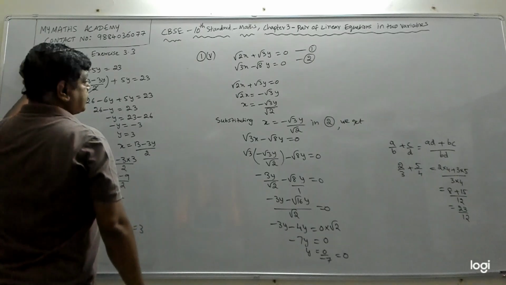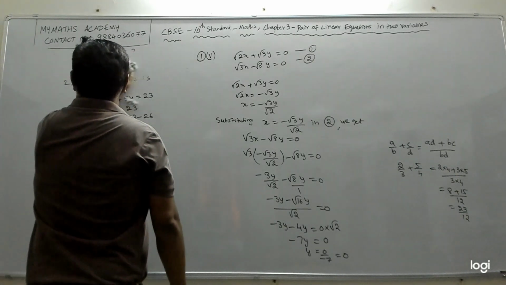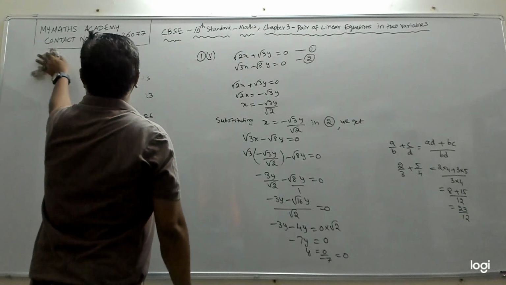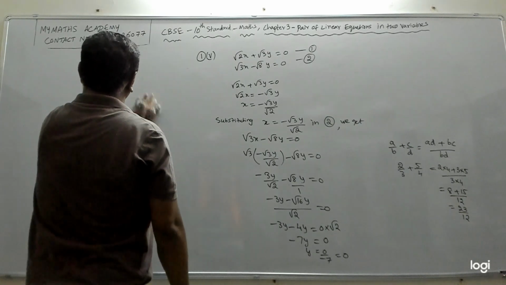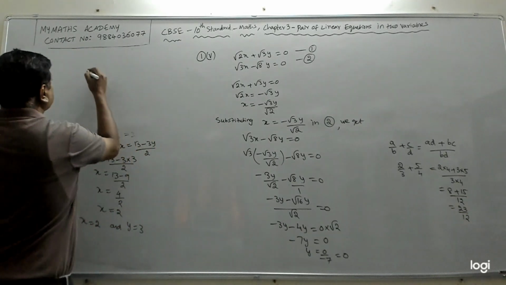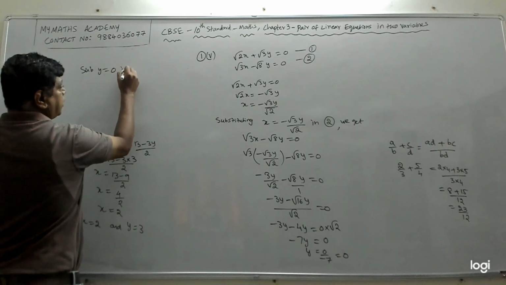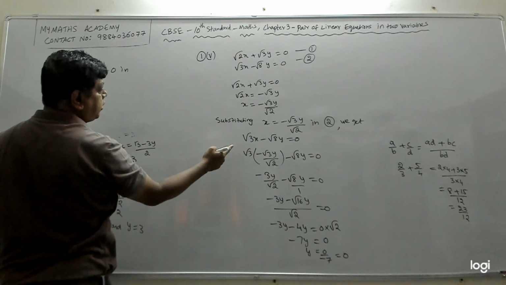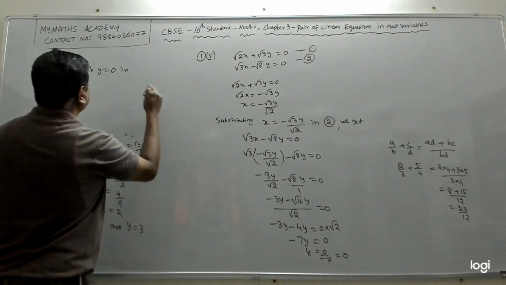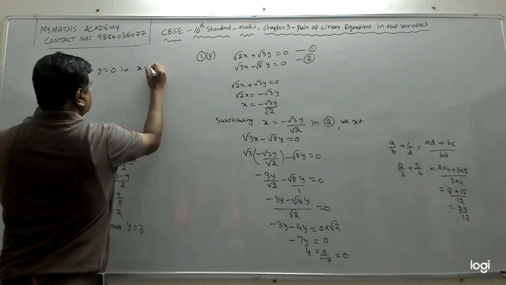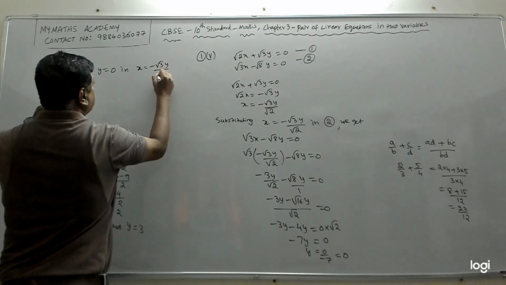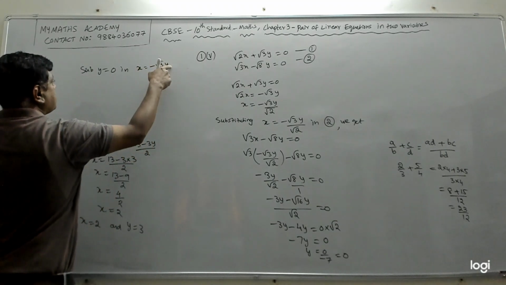Now we should find x. To find x, what do we do? We will substitute y is equal to 0 in x is equal to minus root 3y by root 2. What is my x?